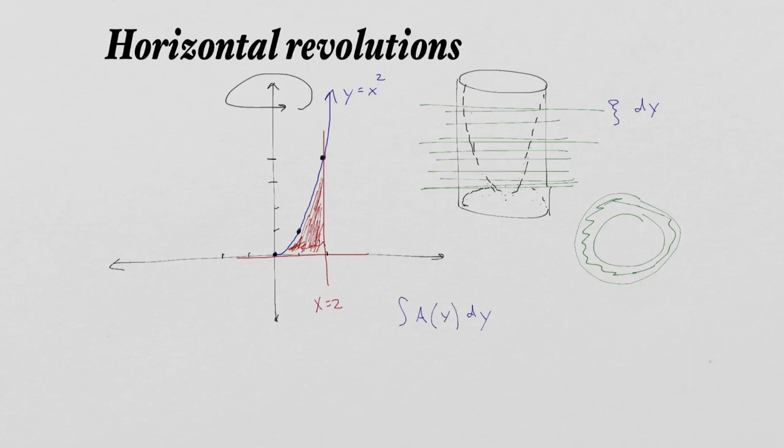So for a horizontal revolution, this becomes my model. I'm going to take the area of a cross-section defined in terms of y and integrate with respect to y. This also means that my limits of integration from a to b are now going to be values also of y.